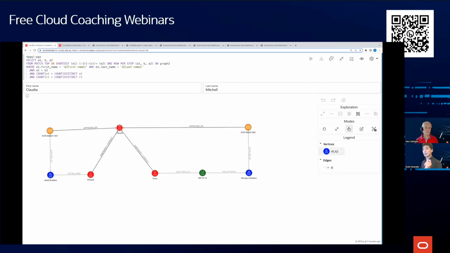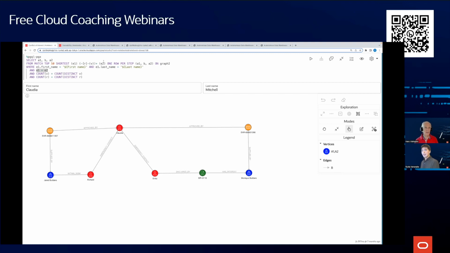E1 is this target employee Claudia, and E2 is also Claudia in this case. E1 equals E2 because we would like to get cycles, and you can have one or more hops between the starting point and the end point.